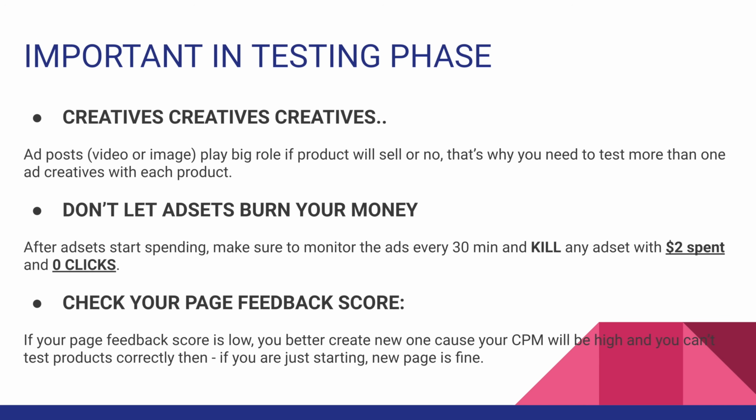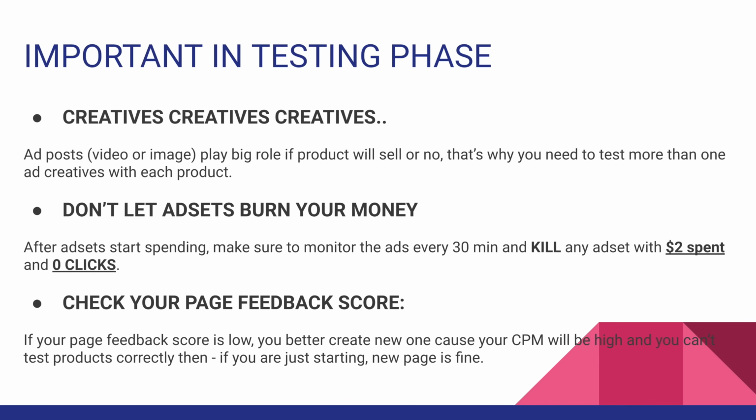Okay, and the last point is check your page feedback score. If your page feedback score is low, you better create a new one, because your CPM will be higher and you can't test products correctly. Because if you have a negative feedback score, Facebook will give you expensive traffic, and that's not the correct way to test any product.